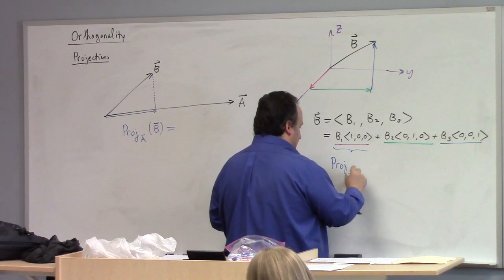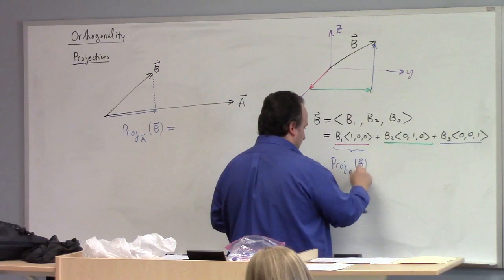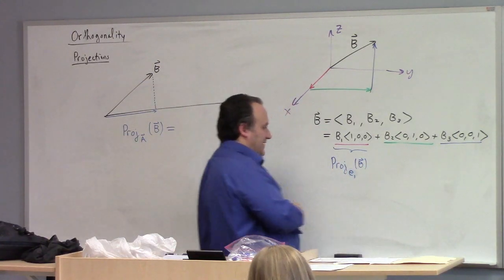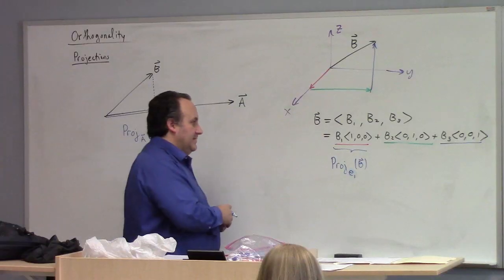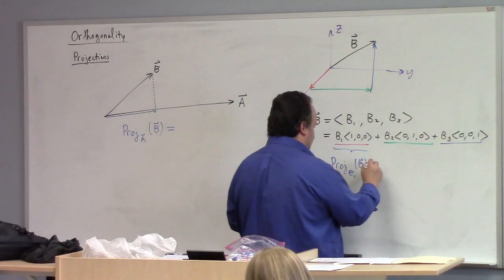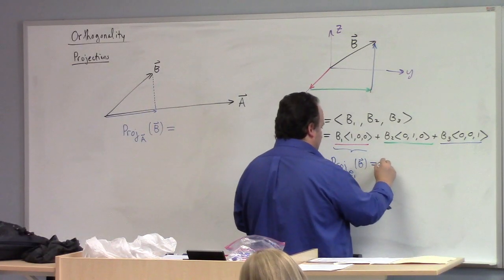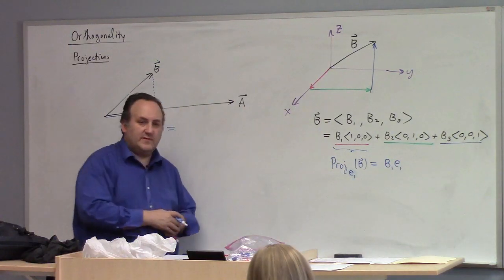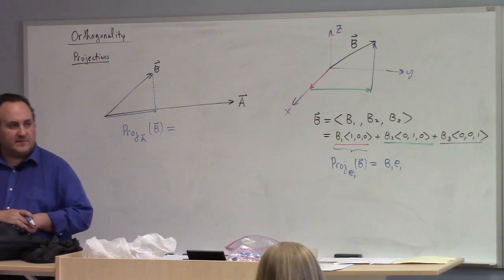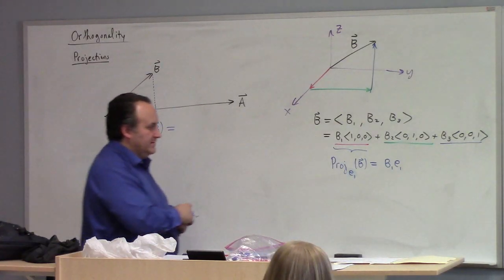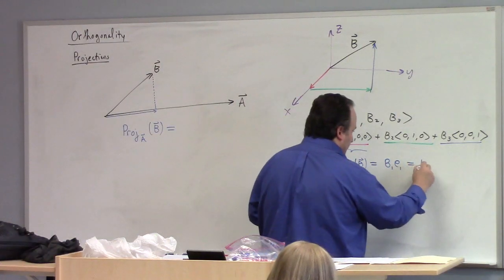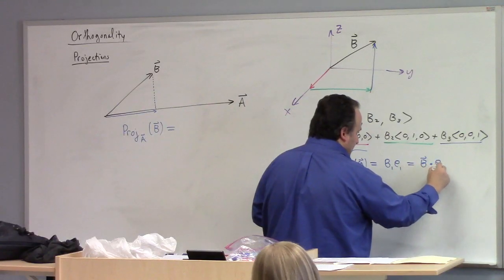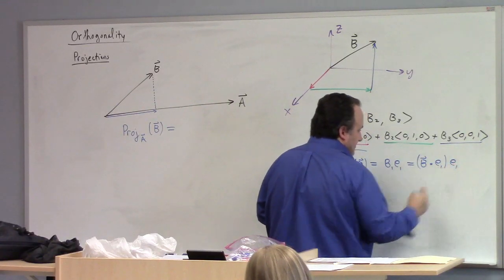So the projection in the E1 direction of B, for example. The formula for that is B1 E1. But how would you express that in terms of dot products? Well, think about it. This is really (B dot E1) times E1, isn't it?